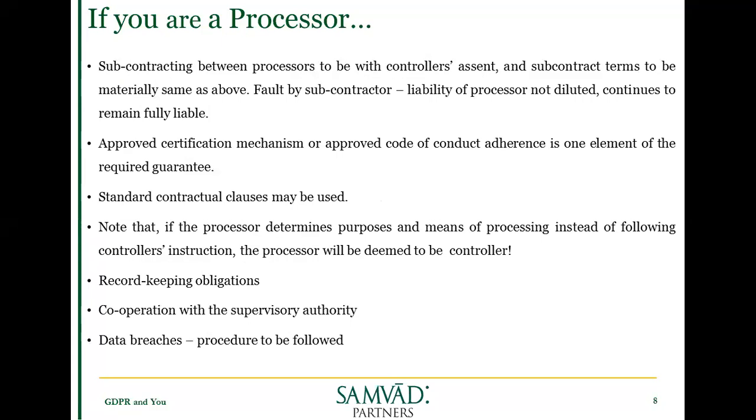And even if your sub-processor ends up not complying or doing something which is not in keeping with the principles that we just discussed, the liability of the original processor does not go away. So this is again something that if you are a processor who is going to enter into sub-processing arrangements, you need to ensure that your contracts are quite robust and covering these items.